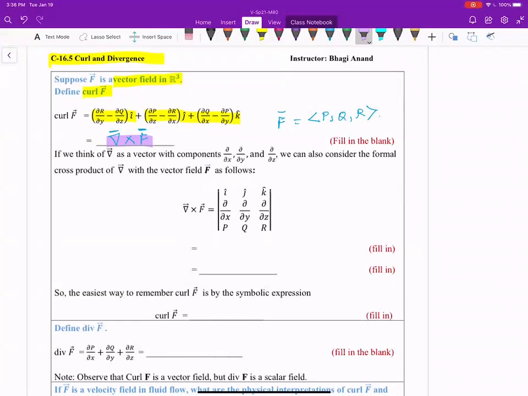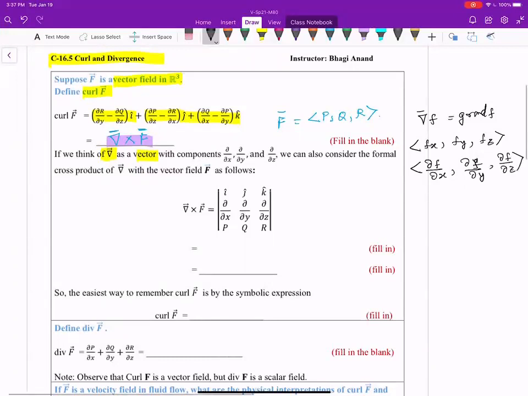If we think of del as a vector with components dou by dou x, dou by dou y, dou by dou z, you know that the gradient vector, if you remember how we define this, is Fx, Fy, Fz. In other words, it is the partial derivative of F with respect to X, the partial derivative of F with respect to Y, the partial derivative of F with respect to Z.